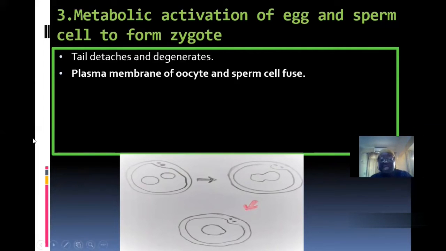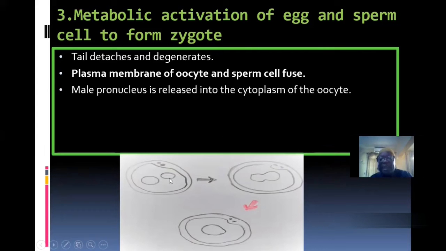So it's going to be degenerated, while the nucleus will be released into the cytoplasm of the egg. And as they are released, the male and the female pronuclei will be seen in the cytoplasm of the oocyte. If you look at it, they are not differentiated. They almost look the same at this point.